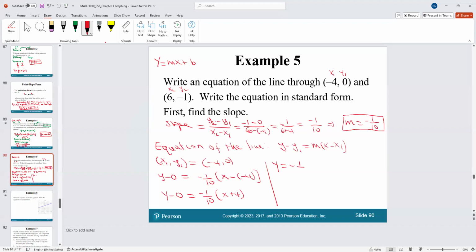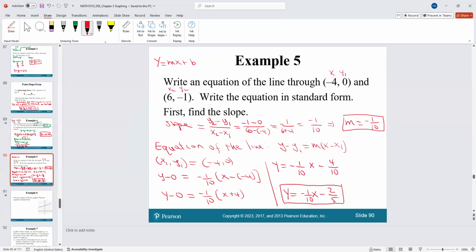And negative 1 over 10 x minus 4 over 10. All right, so when we simplify, it gives us negative 1 over 10x minus 2 over 5, because we always need to simplify to the lowest term. Your fraction must be in the lowest term.